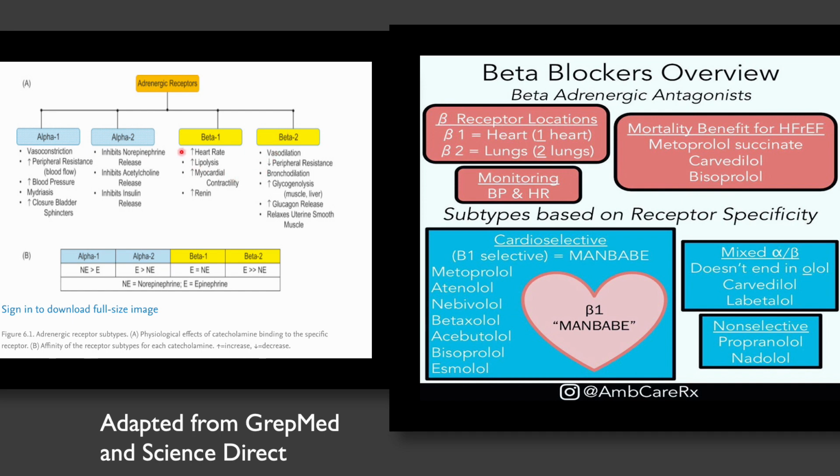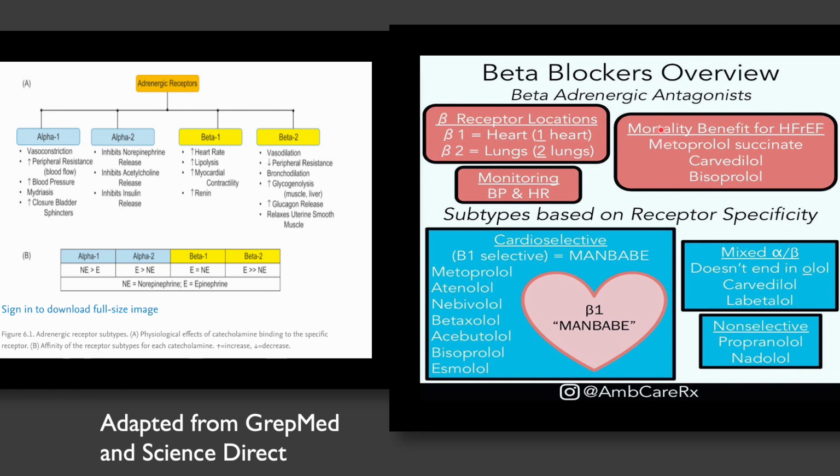The diagram on your left gives you an overview of adrenergic receptors, but we're going to focus on the beta receptors. You have beta 1 and beta 2. Beta 1 is circumscribed to the heart. Beta 2 is circumscribed to the lungs, liver, muscles, and uterine smooth muscles. And here on the right, you have a beta blocker overview, and it still gives you a narrative on the beta receptor locations.